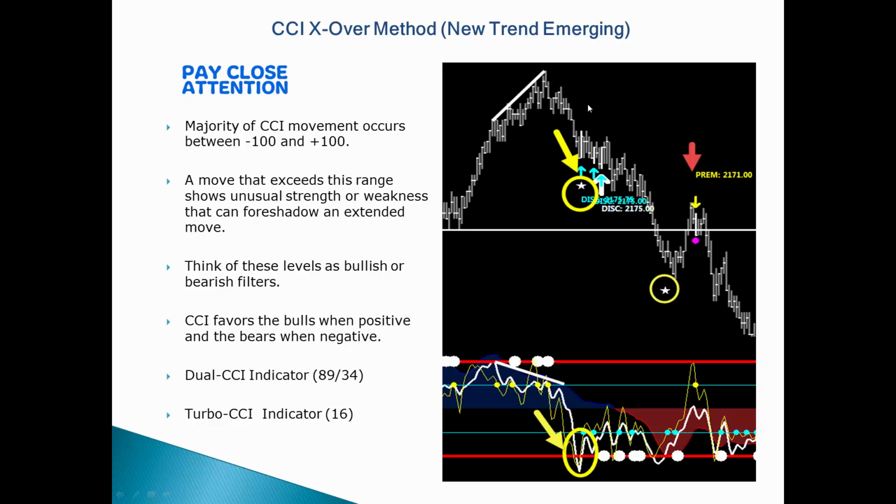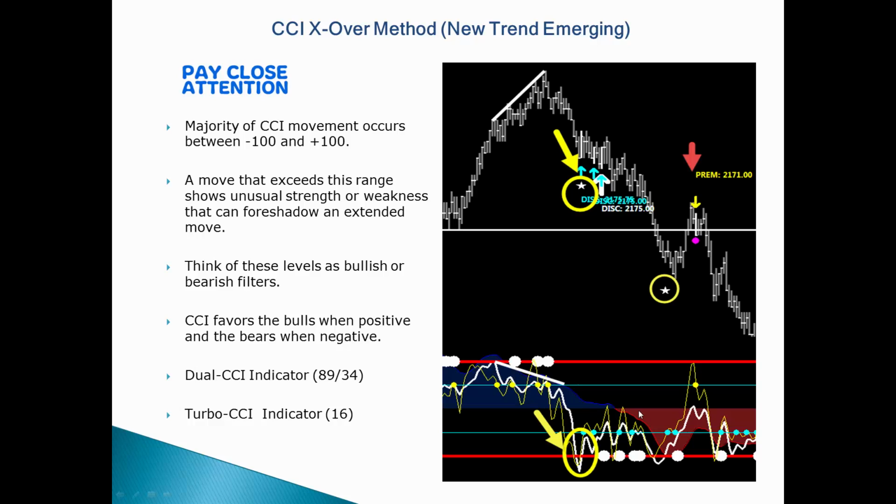Now, in our CCI indicator, we have what's called a dual CCI, and this is going to be important. If you take a look at the CCI graphic down here, the CCI indicator is composed of three lines, or three calculations. One, the 89, which is represented by the blue and red histogram, and two, the 34, what we call the fast line, and that is the white line.